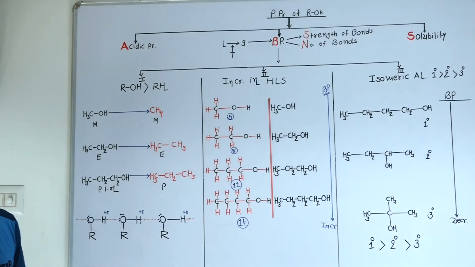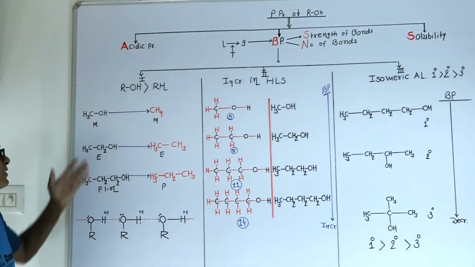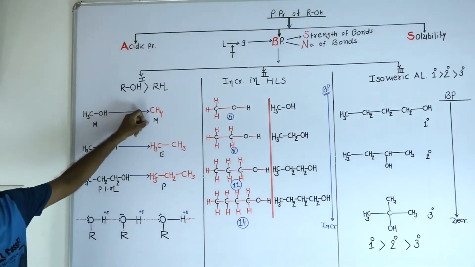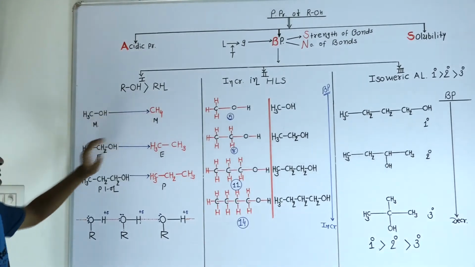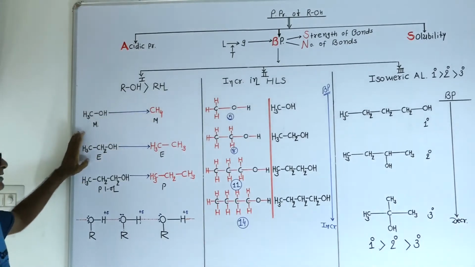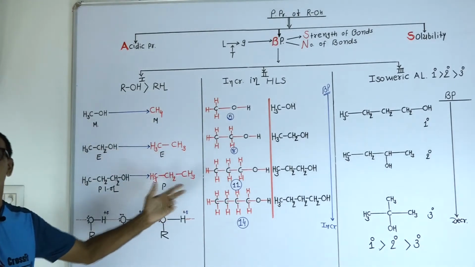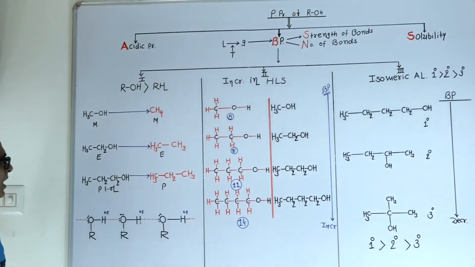The functional group will be different in both, even though they are corresponding compounds. Methanol's corresponding alkane is methane. Ethanol is related to ethane. Propanol is related to propane.